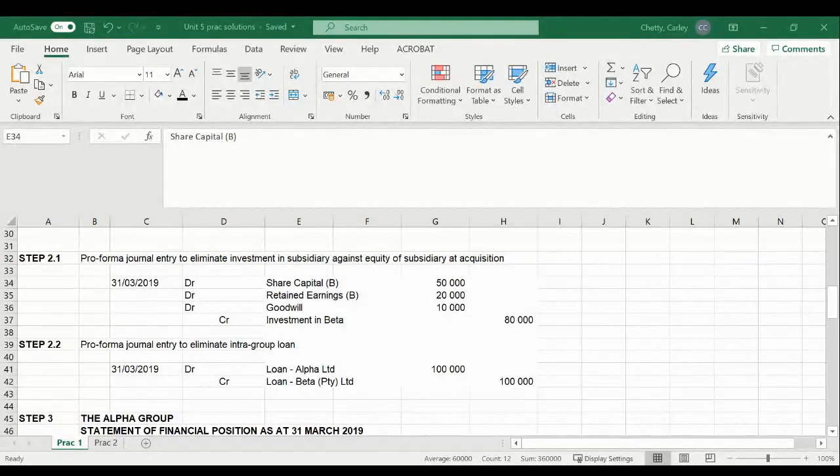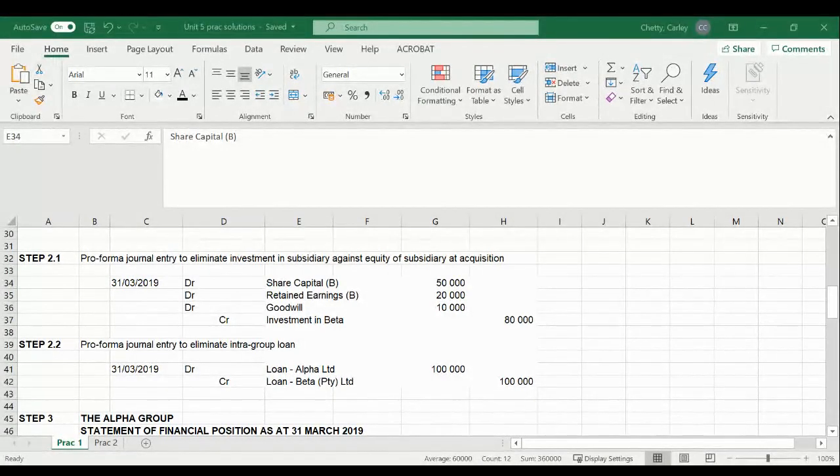So remember, those are the elimination pro forma journal entries. That was the first step, to eliminate the equity in Beta against the investment in Beta, and then raise goodwill or see if there's a gain on bargain purchase. The next step is to have a look at the separate financial statements or separate trial balances and see, is there any intragroup balance or intergroup loan?